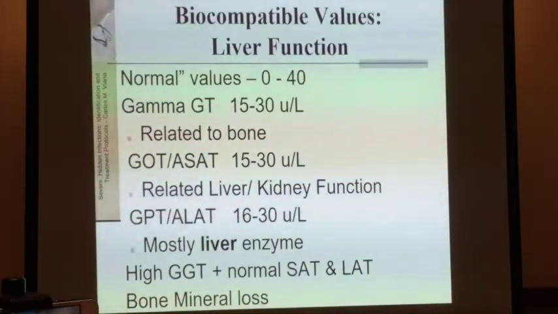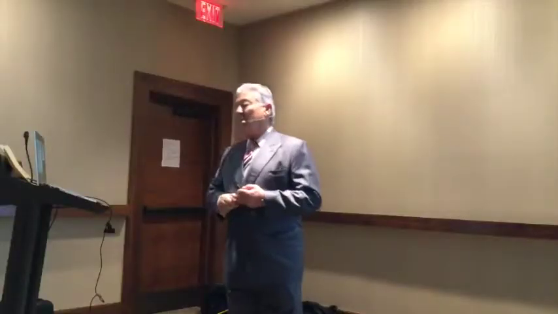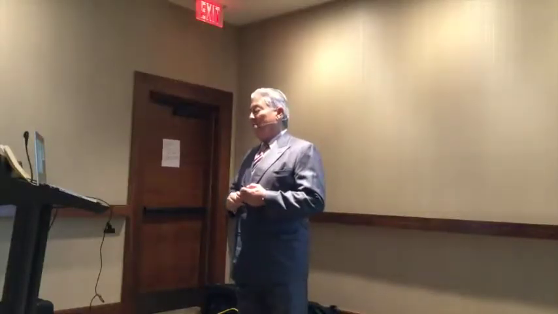Now, there are 3 liver values that are very important for you dentists. The first one is GGT. GGT is important to you because it is not only a liver enzyme, but it's also a bone enzyme. It's telling you what the bones are doing and therefore what is happening in the jaw.